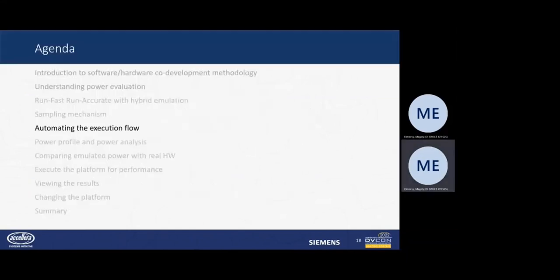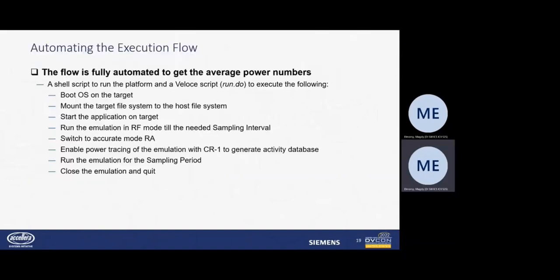Now let's talk a little bit about automating this flow, because this flow needs automation. Otherwise, it might not be useful for the customer. Actually, we have a Tcl script we use with our Veloce, called run.do. In this Tcl script, we use commands to do everything.